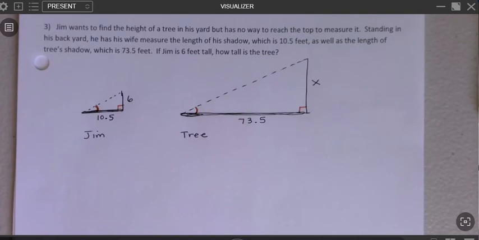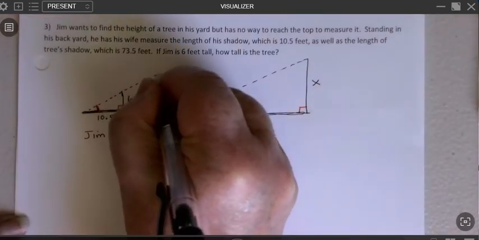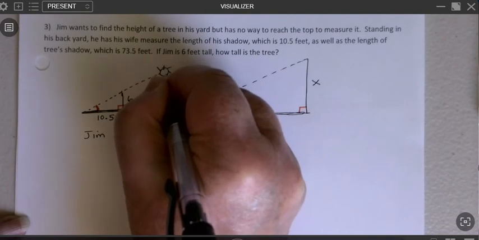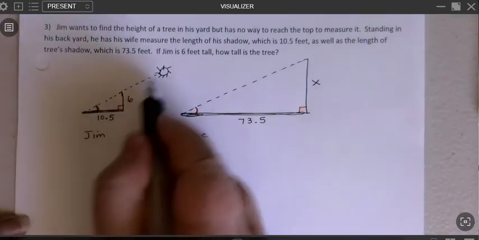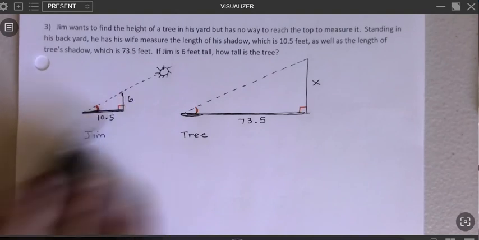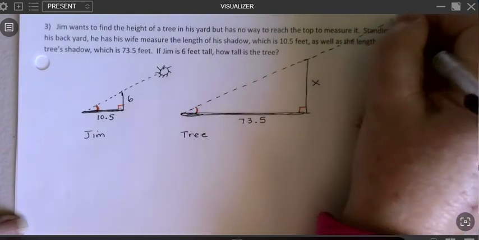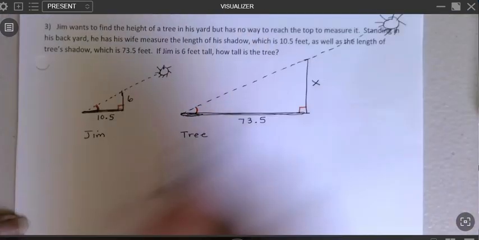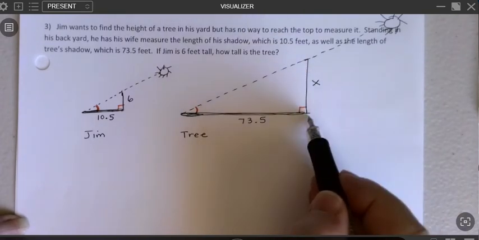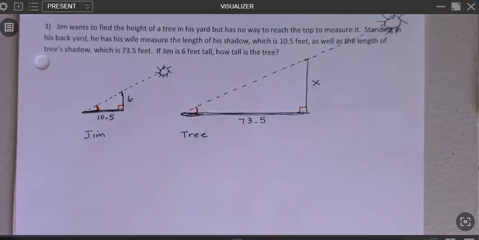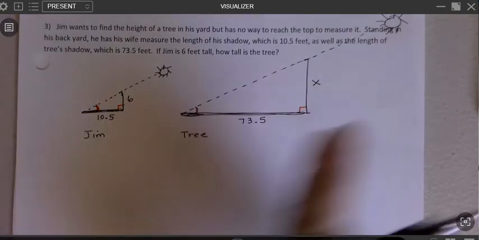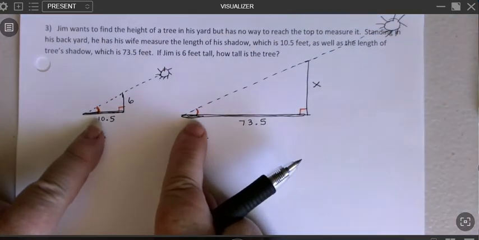What causes a shadow? Well, what causes a shadow is blocking the sun's rays. So if I continued on up here, I would have the sun here, right? The sunbeams shining down, and they were blocked in here, causing the shadow. Now the same thing would happen here with the tree. Right up here, there'd be a sun somewhere. And again, the tree blocked part of the sun's rays, causing that shadow. As long as the measurements are made at the same time of day, the angle of the sun in the sky has to be the same.